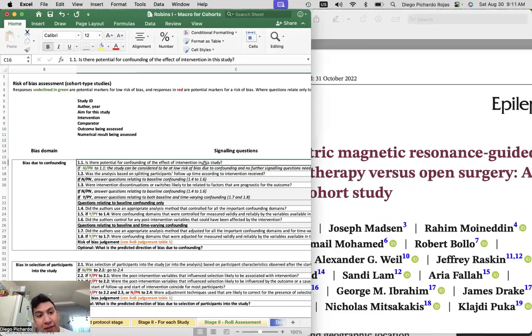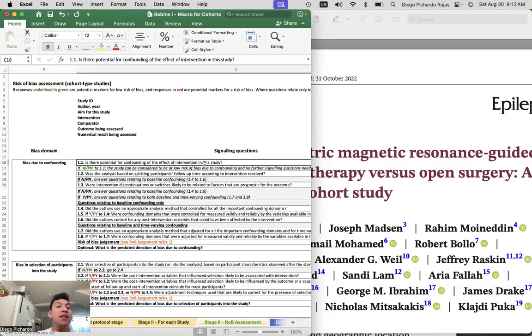Confounding basically means where differences in group characteristics could have influenced the outcome. Between your two epilepsy groups, could the lesion size have influenced the outcome?